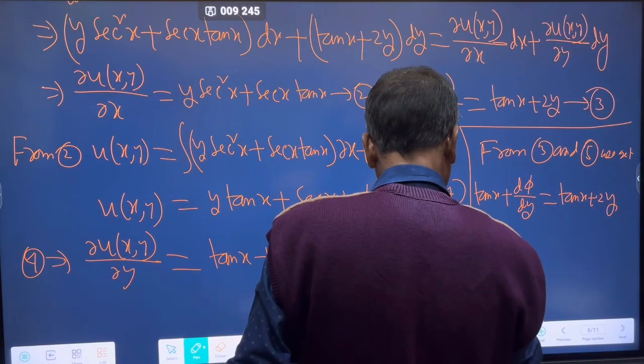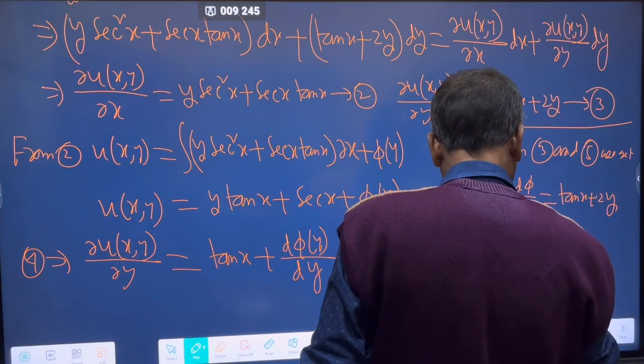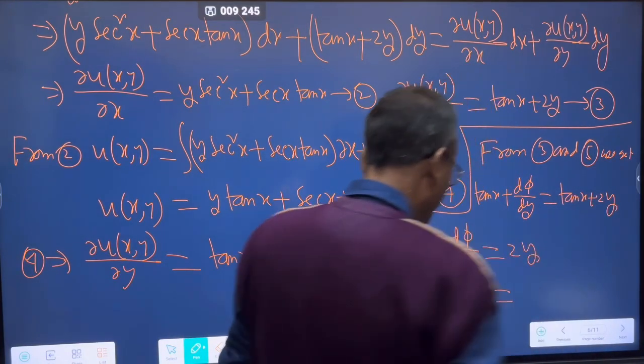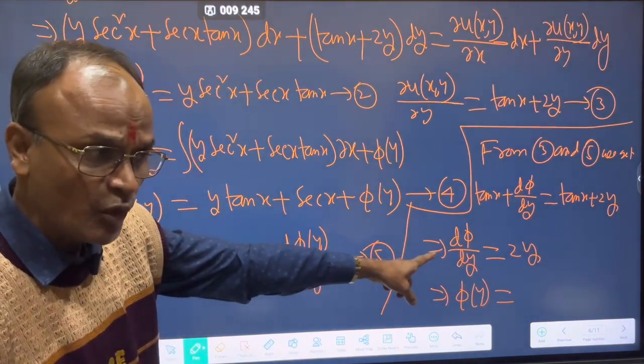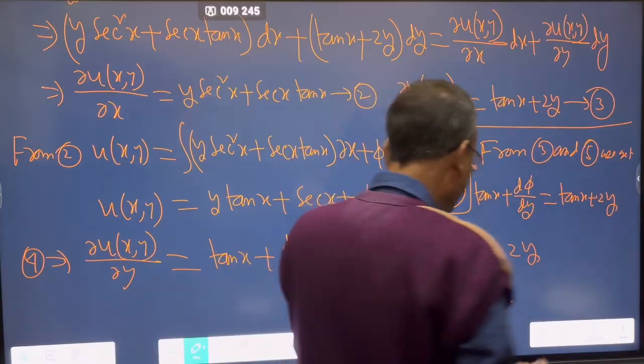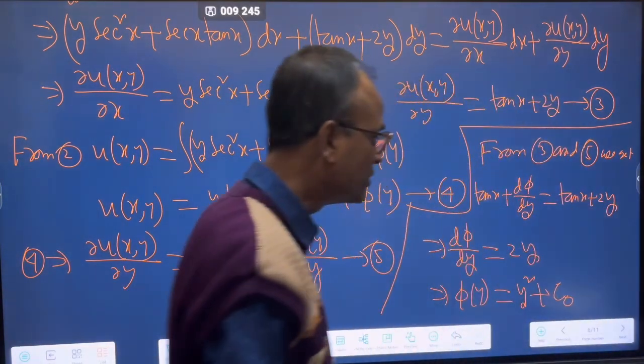This means d phi by dy is equal to twice y. This means phi of y, of course a function of y only, equal to the integral, y square plus a constant c naught.